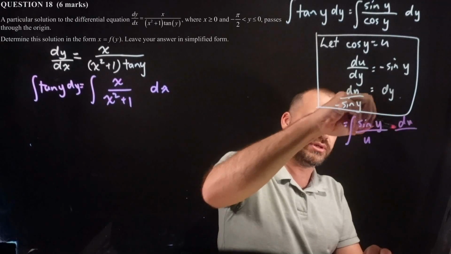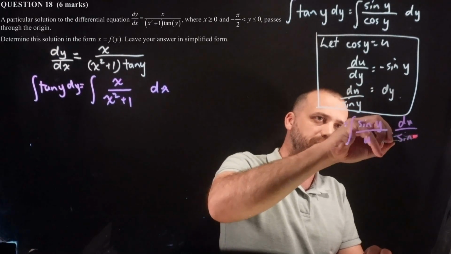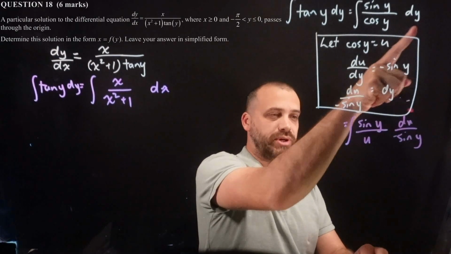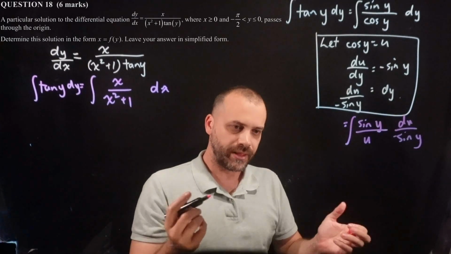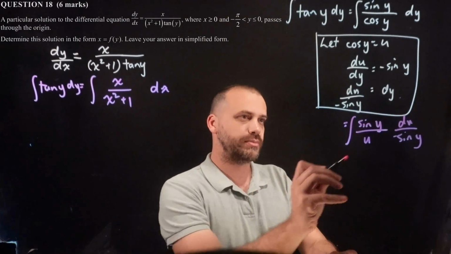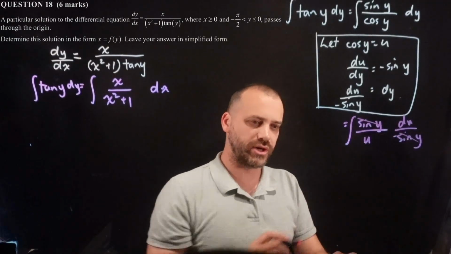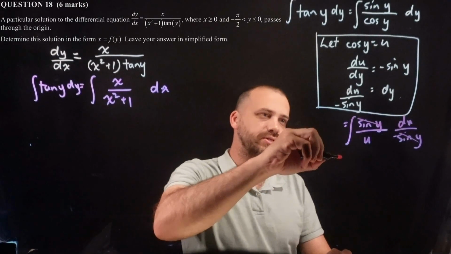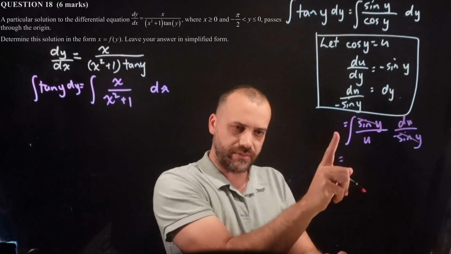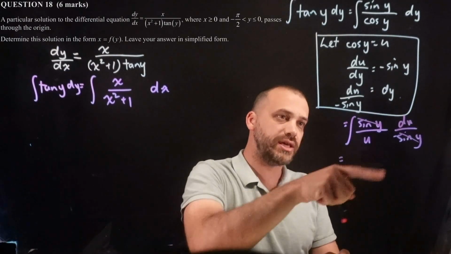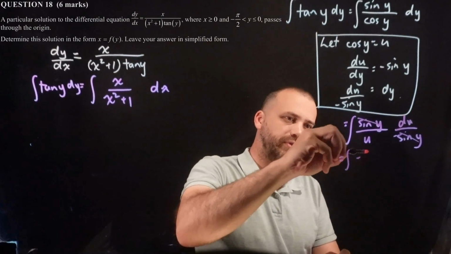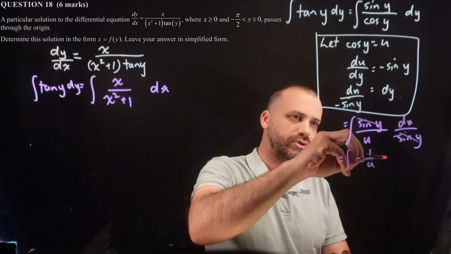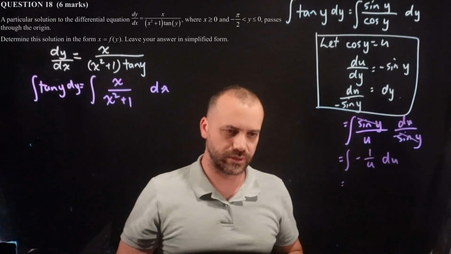I get a du over negative sine y to replace my dy here. Great, fantastic, because I've got this sine y and this sine y that cancels out. I've still got that negative there, be careful. So this is equal to the integral of negative 1 on u with respect to u.